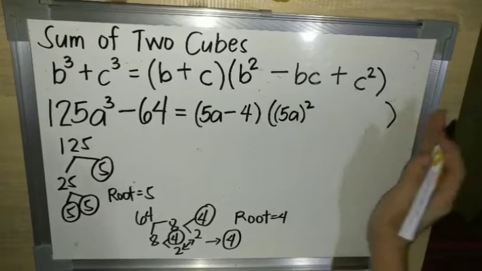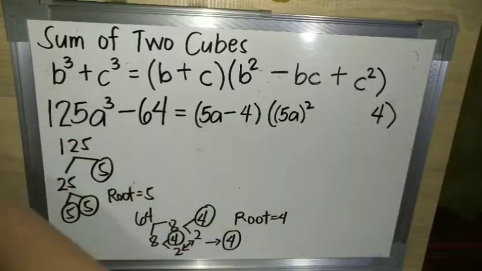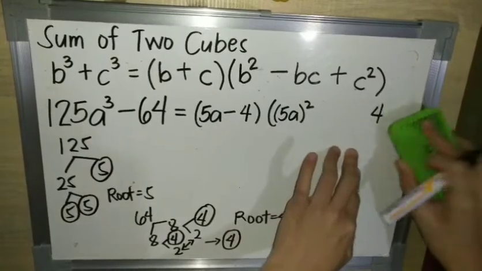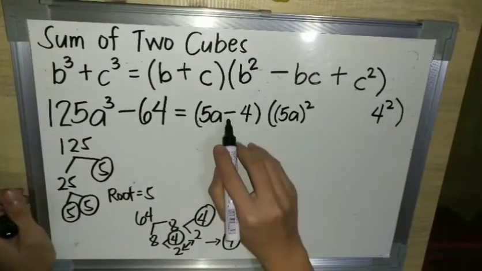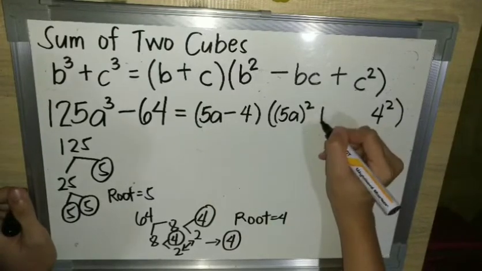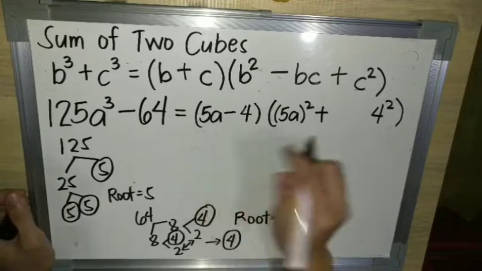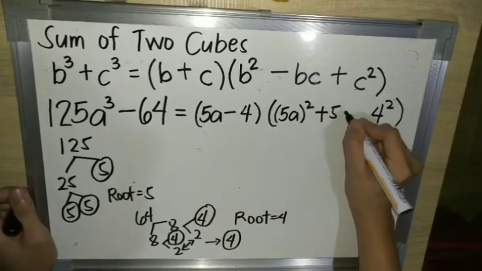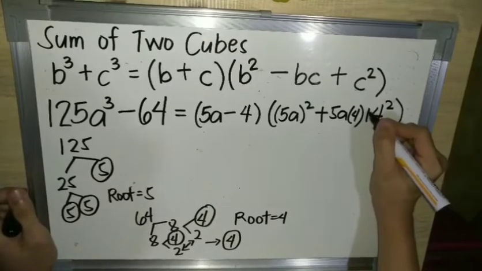And then, on the other side, yung 4, lalagyan po natin siya ng squared. And then sa gitna po, kung ito ay negative, ito po ay magiging positive. And then, ipagmumultiply silang dalawa. So, 5a times 4. And this one is plus.